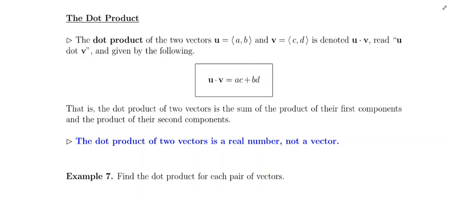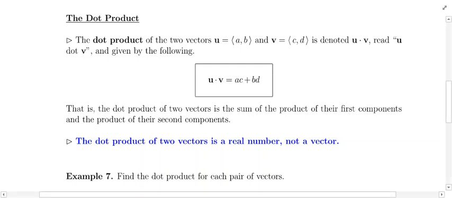Okay, so let's read about it. It says the dot product of two vectors, u, which has components a and b, and vector v, which has components c and d, is denoted u dot v. That is pronounced "u dot v." And it's defined as follows: u dot v is equal to a times c plus b times d.